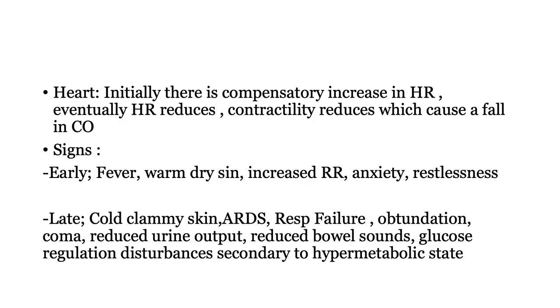Early we have fever, dry skin, increased respiratory rate, anxiety and restlessness. Late we have cold, clammy skin, acute respiratory distress syndrome, respiratory failure, obtundation, coma, reduced urinary output, reduced bowel sounds, and glucose regulation disturbances secondary to the hypermetabolic state.